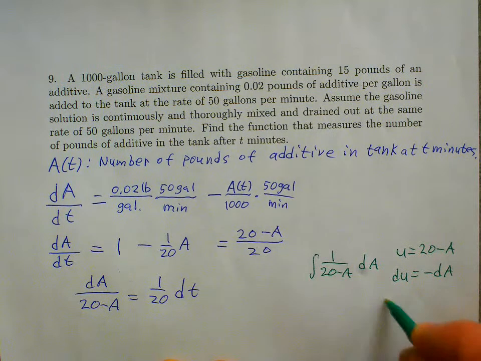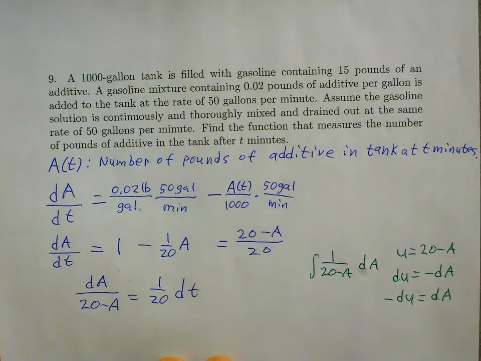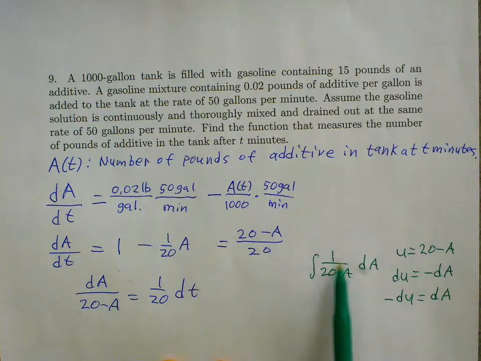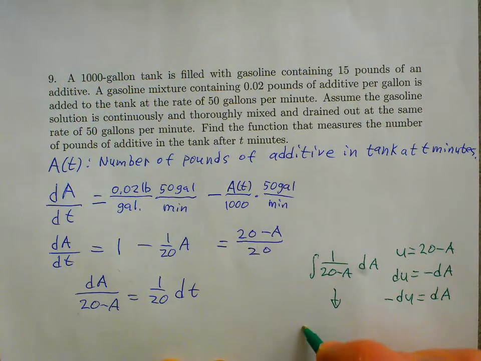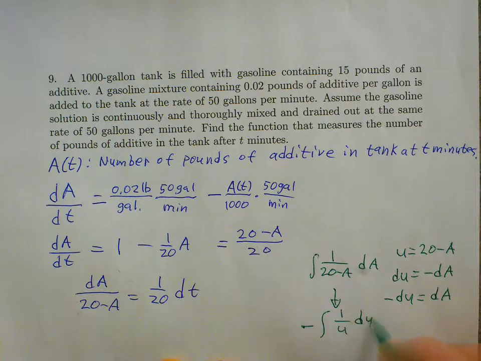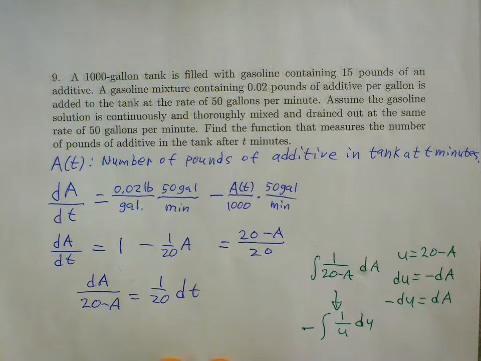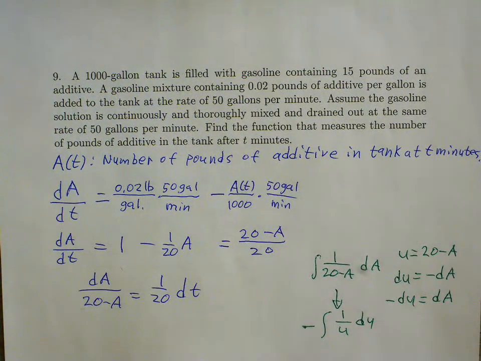And so that means negative du is dA. So when you make substitutions, this will transform into negative integral of 1/u du. You probably already figured that out. But just think about it that way.